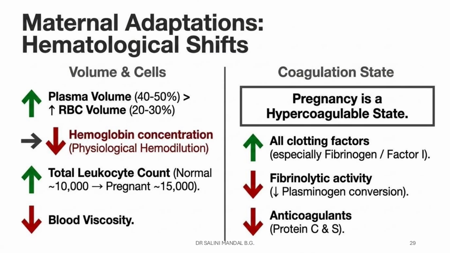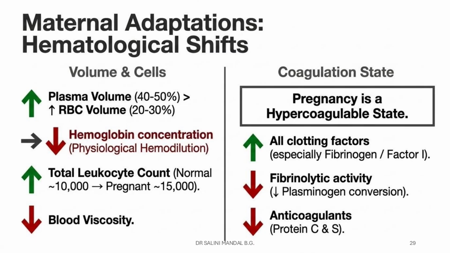But the hemoglobin concentration is going to be decreased, because there is a physiological hemodilution taking place. There is going to be an increase in the total leukocyte count. In pregnancy it goes around 15,000 or more, but the blood viscosity is going to be decreased. So plasma volume, RBC volume, and the WBC count are increased, whereas the hemoglobin concentration and blood viscosity are decreased during pregnancy.